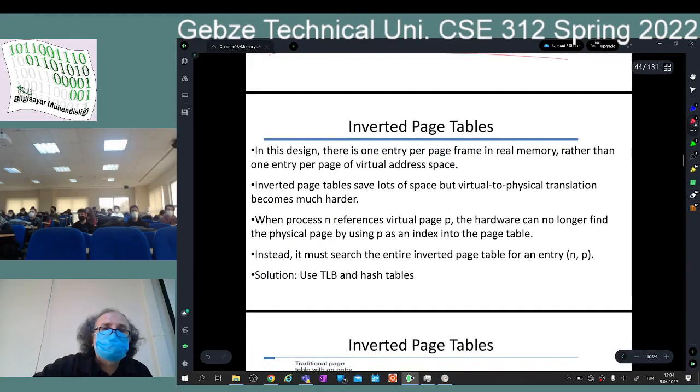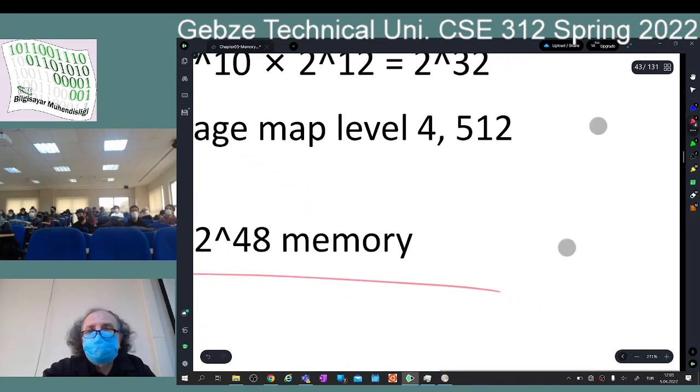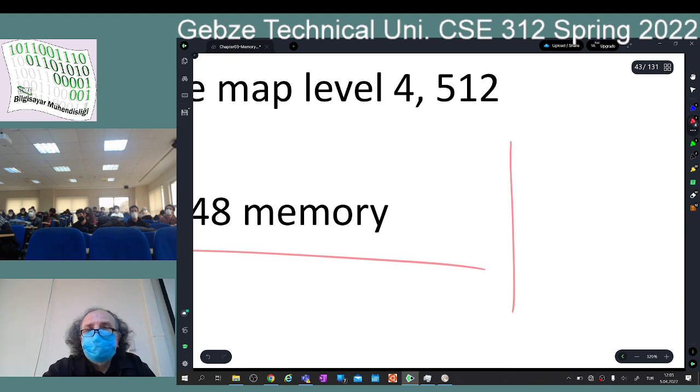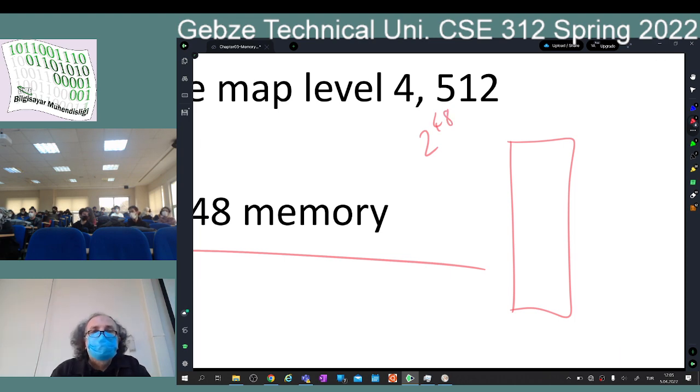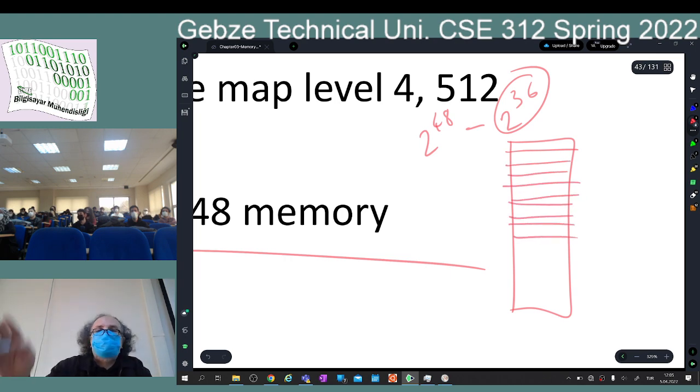some people said that why do we have to keep the page tables that way? What was the idea of page table? Page table is, okay, if my memory is 2 to the 48, this is the virtual address space, okay, let's take out the 12 bits for the page size, 2 to the 36, okay, so I need this many entries in my page table, whether it's a multi-level page table or a single-level page table, whatever.